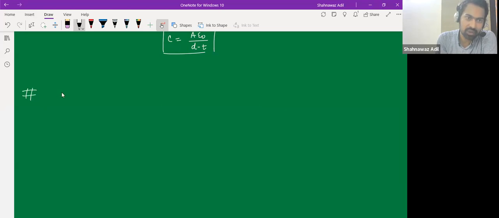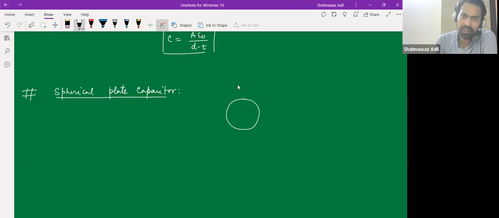Okay. Now let me see if you guys remember or not. The next topic is the spherical capacitor. In the case of the parallel plate, you have two sheets.